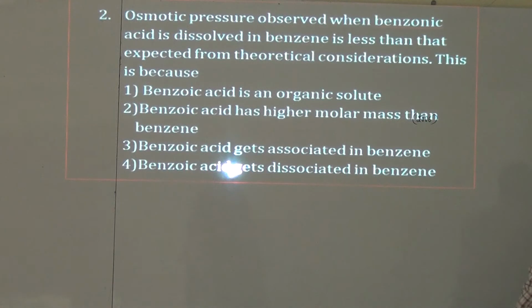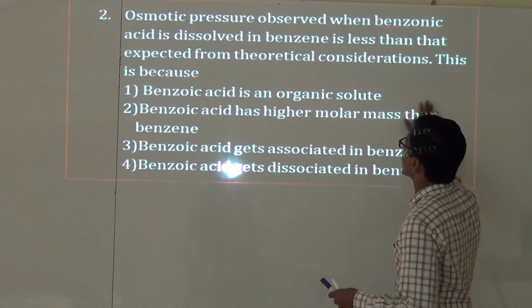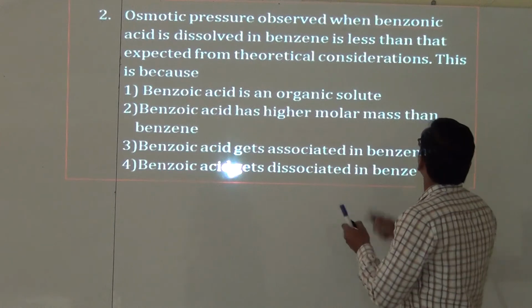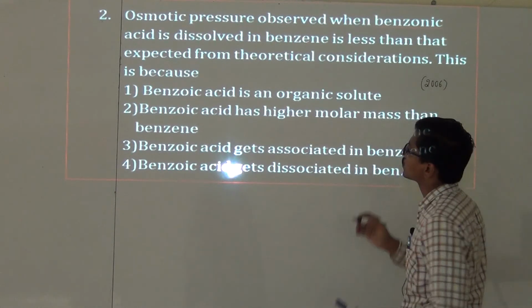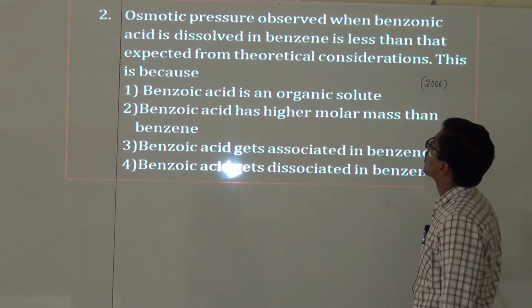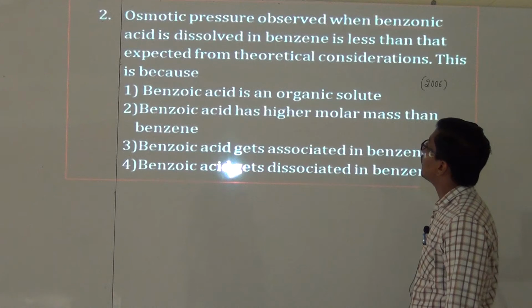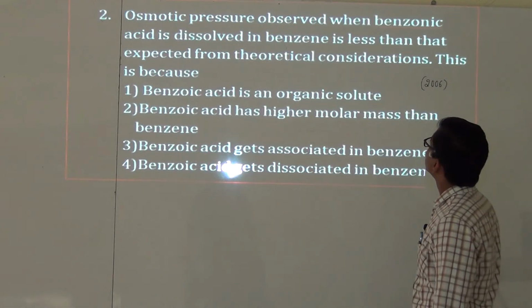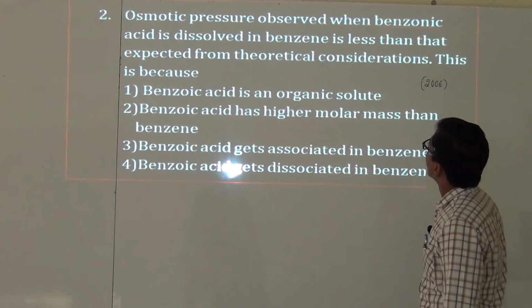Next question is, this is also in 2006. This question was asked in 2006. Osmotic pressure observed when benzoic acid is dissolved in benzene is less than that expected from theoretical considerations.